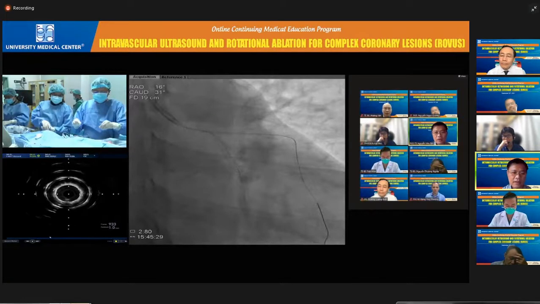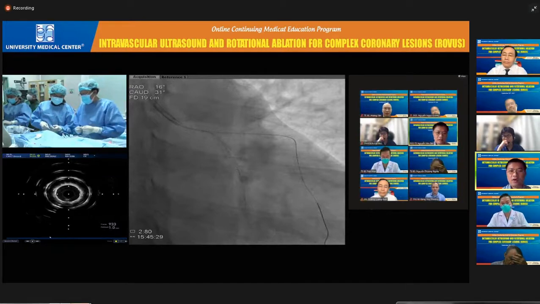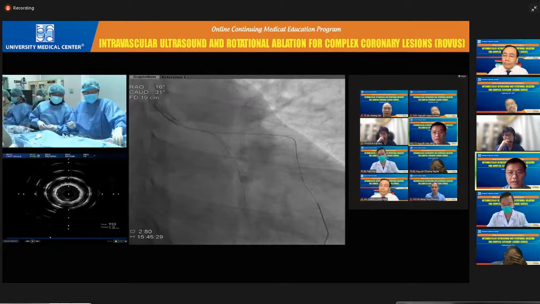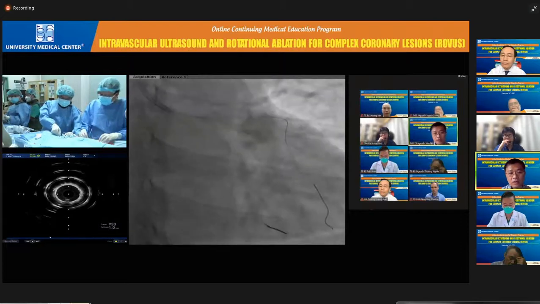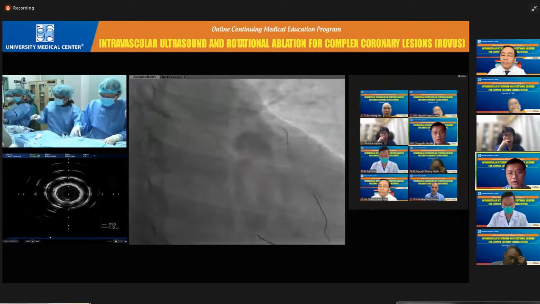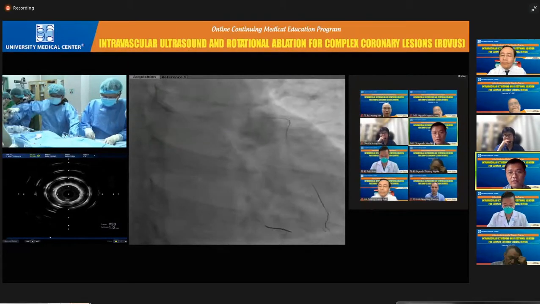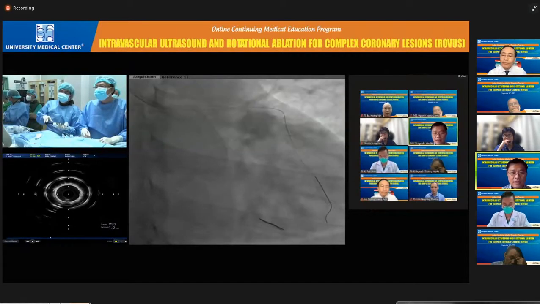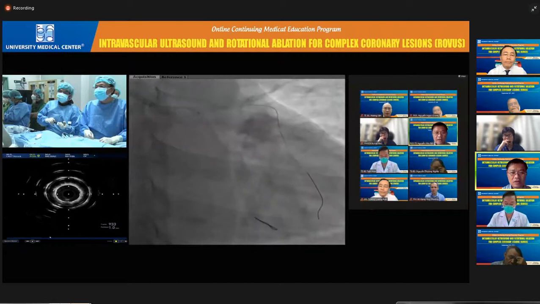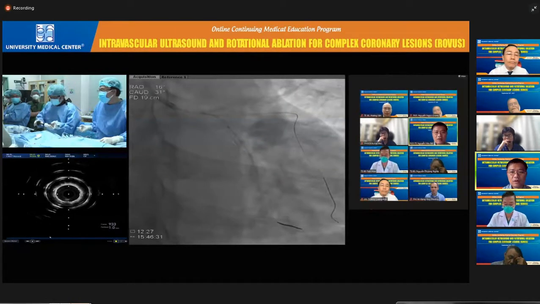You can use a hard wire, for example, hydrophilic wire. It is very, very important if you rewire in the circumflex. In this situation, we should find out in the proximal. It is very important in the DK crush technique. If we successfully rewire and continue to the next step of the DK crush technique, it is very simple.